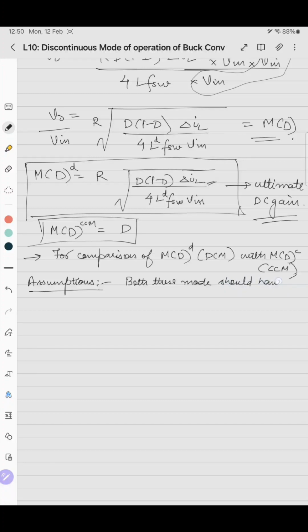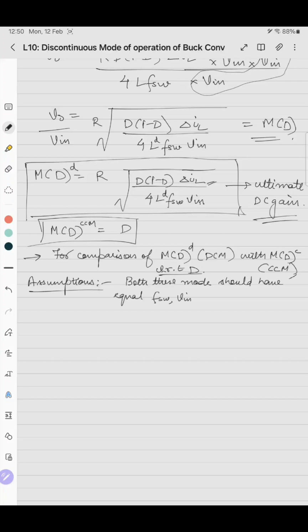We are comparing with respect to duty ratio variation, so we can't keep duty as fixed. What we can keep equal is F switching and V in. V out we are not changing because V out is a function of V in. So F switching and V in we have to keep constant.